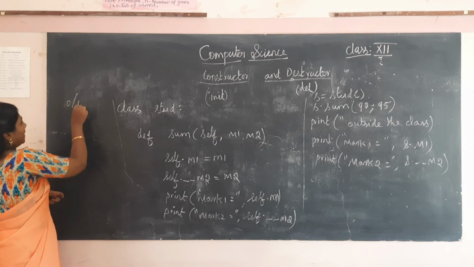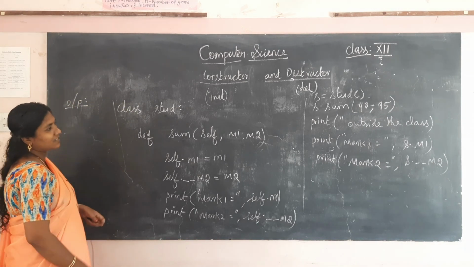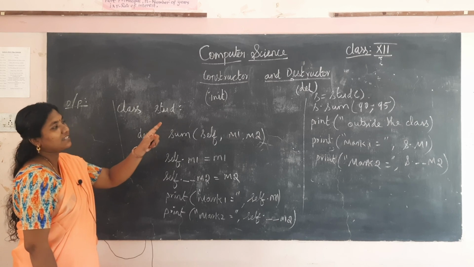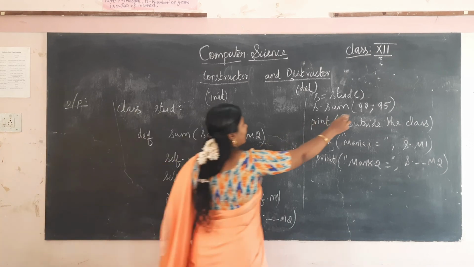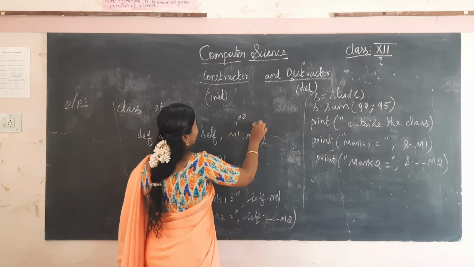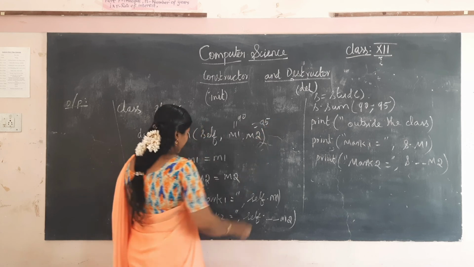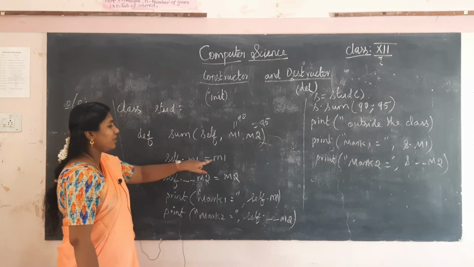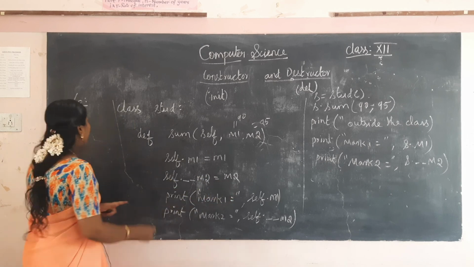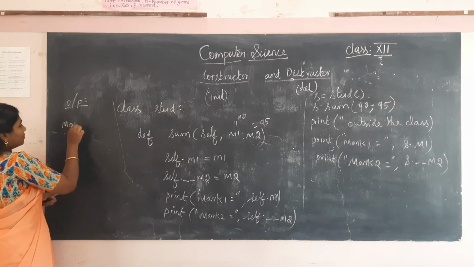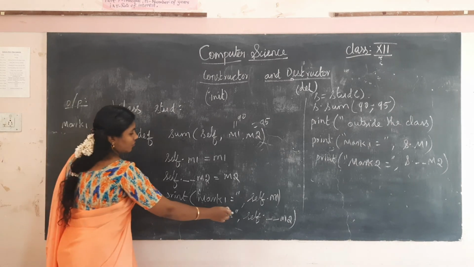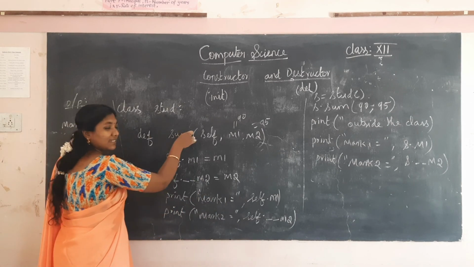So first s is equal to student. I have created one object for it, then s.sum with 90 comma 95. So m1 has the value 90 and m2 has the value 95. So now self dot m1 is equal to 90, self dot double underscore m2 is equal to m2. So mark 1 is equal to 90 and mark 2, this m2 is within this class.